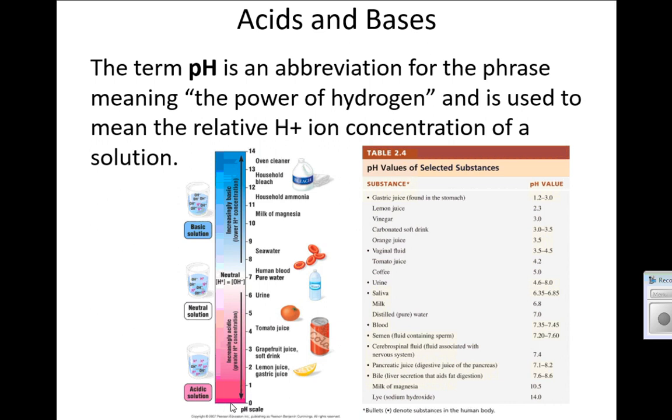Okay. 0 to 7, 7 to 14 is basically the way you want to break it down. Dead center is 7.0. We say that is neutral, which means it is neither an acid nor a base.